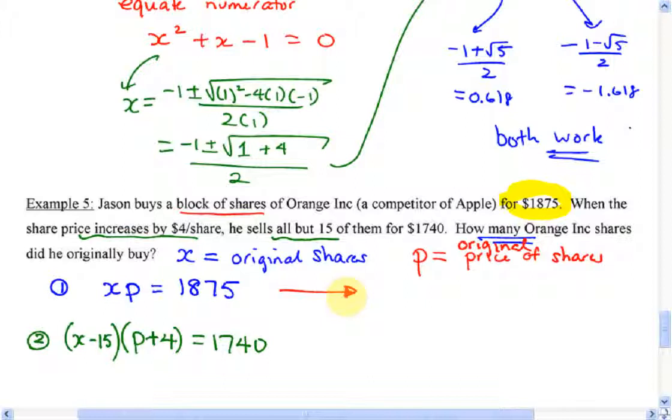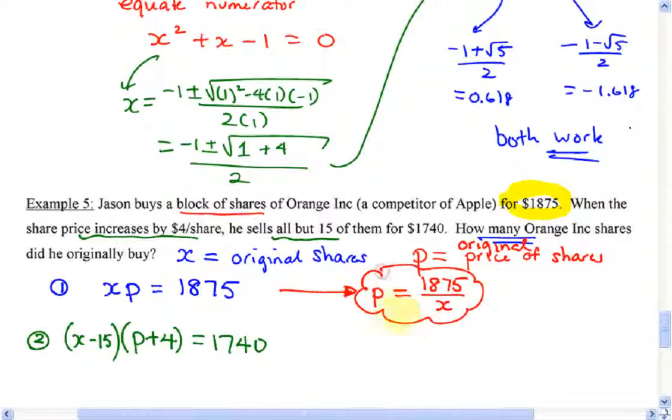What am I looking for? The original number of shares. That's X. So in my other equation, which variable do I want to keep? I want to keep X, so I want to get rid of P. Therefore, I should solve for P. So what's P equal to, using that first equation? That's 1,875 divided by X.